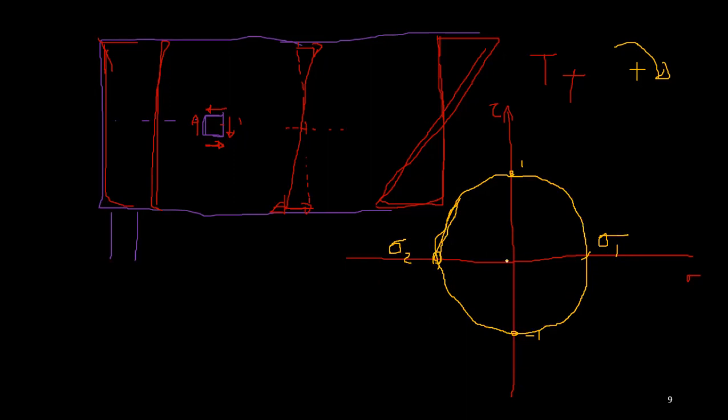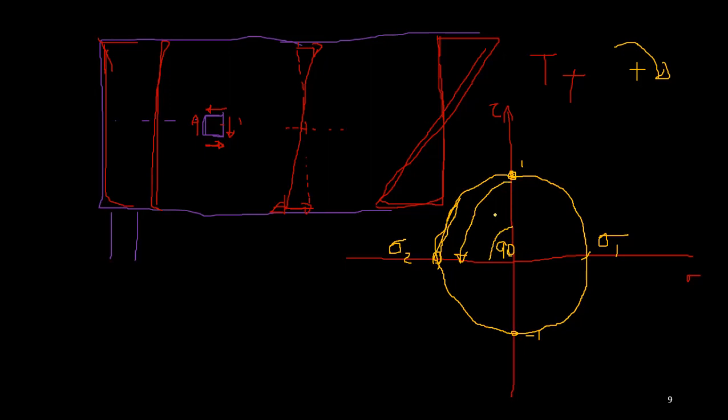But it changes with the element configuration. So here you are on the surface. If you want maximum stresses, you need to go to this configuration. So that means you need to go 90 degrees in the anti-clockwise direction on the Mohr circle, right? So you have to rotate this element by some amount in the anti-clockwise direction.